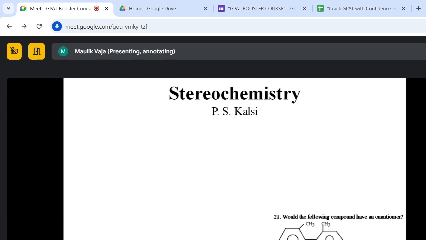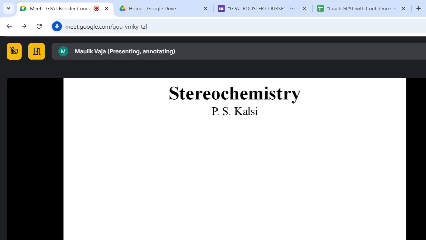Atropisomerism is possible in biphenyl as well as in allenes and spiro compounds. Okay, remember these things. Allenes, spiro compounds, and biphenyl show atropisomerism, that is restricted rotation.